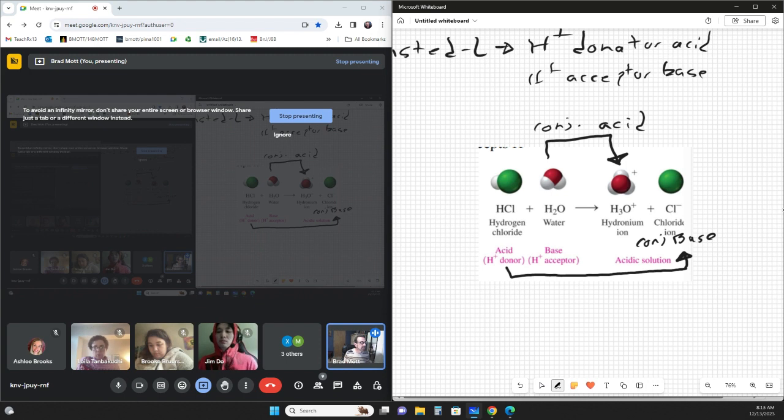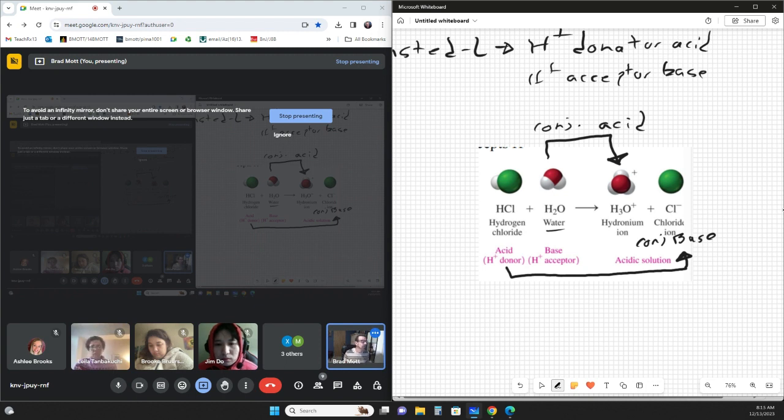If we run the equation the other direction, the chloride would accept a proton, and the hydrogen chloride is the acid, which donates the proton. And likewise, water, H2O normal water, accepts a proton from hydrogen chloride and is the base, the acceptor.